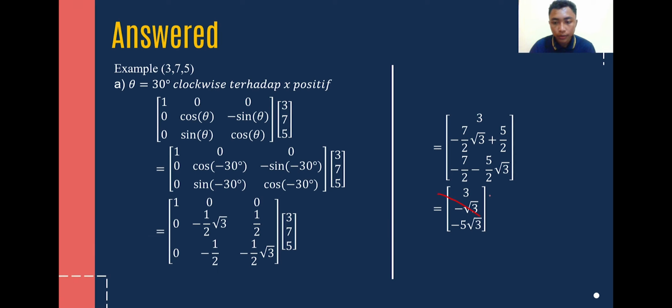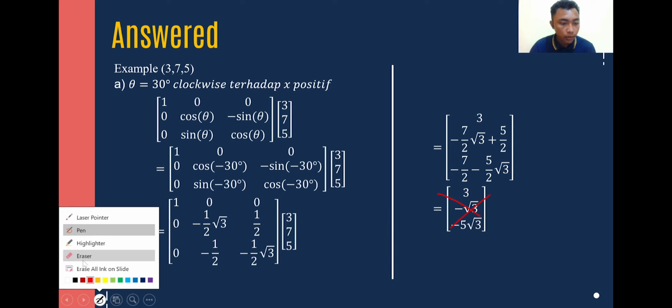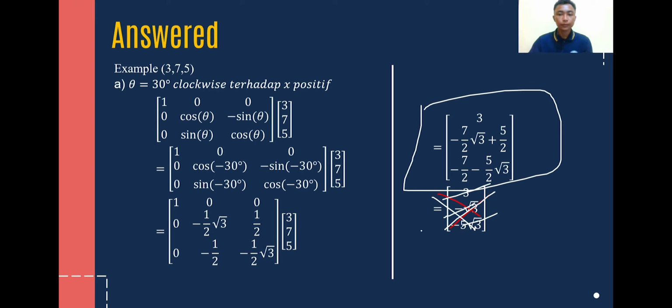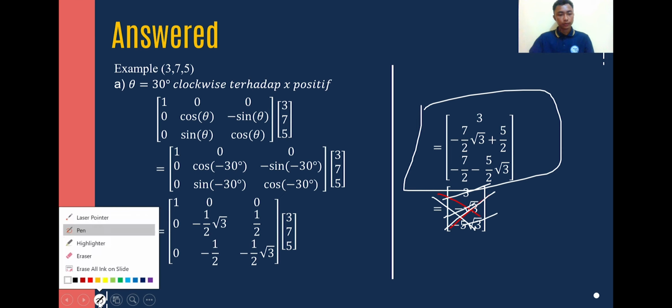This is not the answer. This is not the answer. I think, yeah, just like this I will answer. This is the answer. Sorry, I had a wrong answer before.